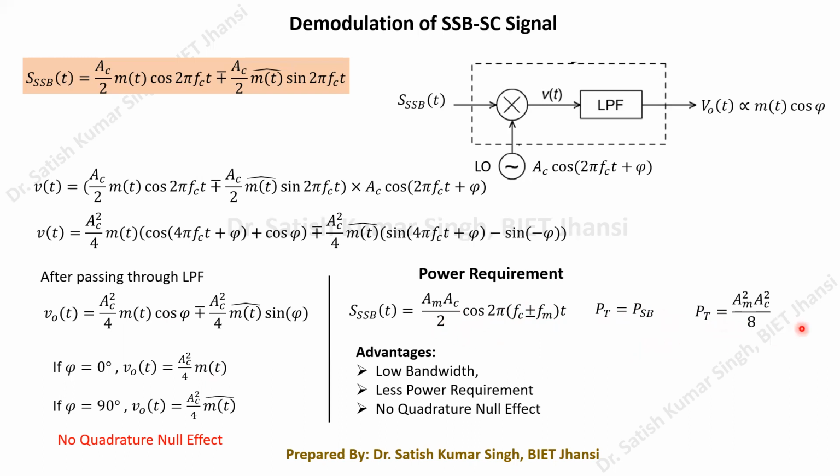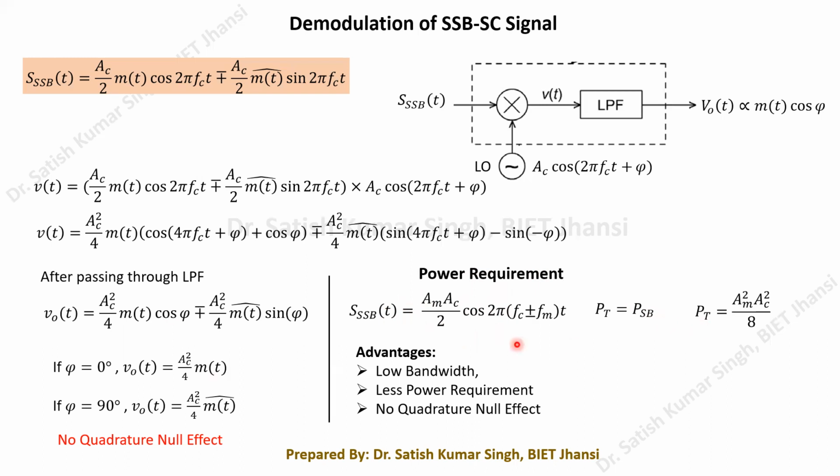That is very simple to calculate. Even from this expression you can understand that the power requirement of SSBSC is also reduced. Not only has the bandwidth become half, but if you compare the power requirement of SSBSC modulation with the DSBSC case, it has become half.